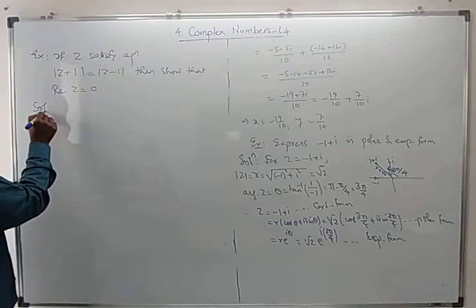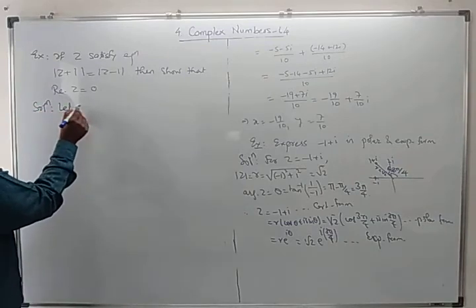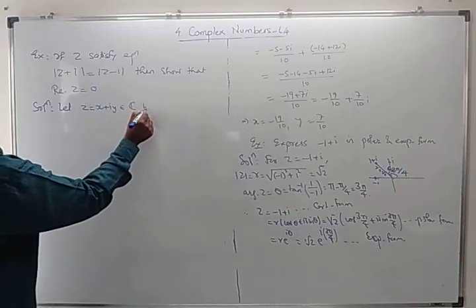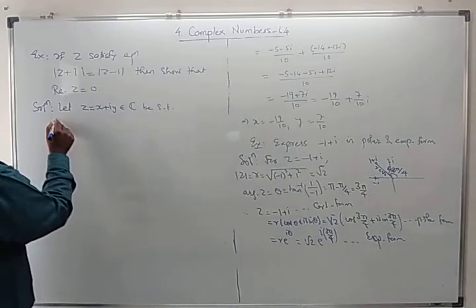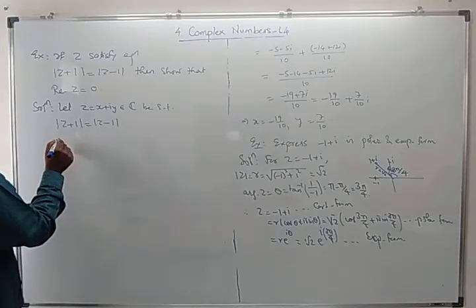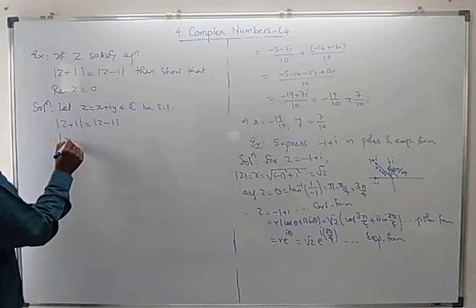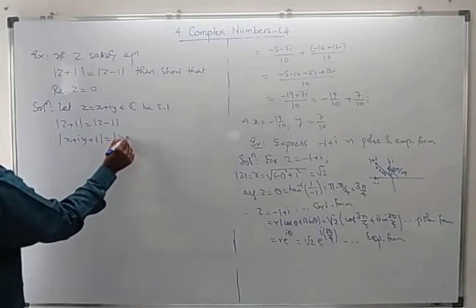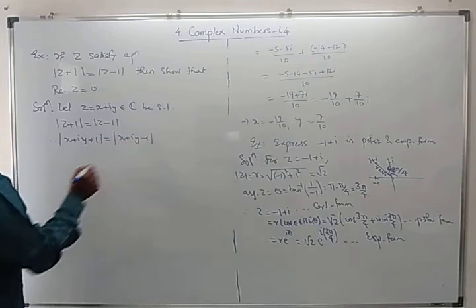So solution: let Z = x + iy belong to C such that mod of Z + 1 is equal to mod of Z - 1. Therefore, mod of x + iy + 1 is equal to mod of x + iy - 1.